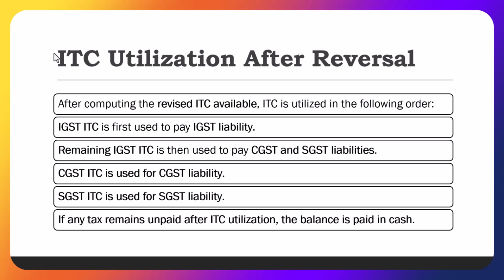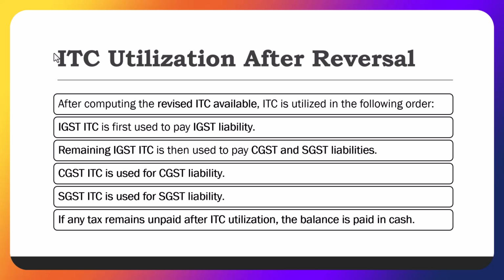Okay, now how it happens is that after you have calculated what all ITC will be available to you after reversing some part of it which relates to the exempted turnover, then you have to calculate the tax liability, how much you need to pay in cash. But you have to pay in cash only when you don't have sufficient ITC credit.